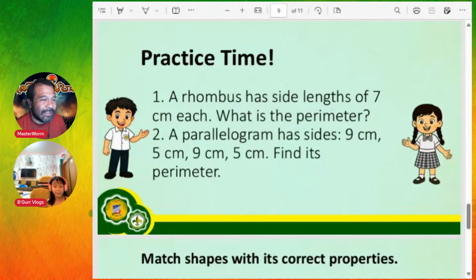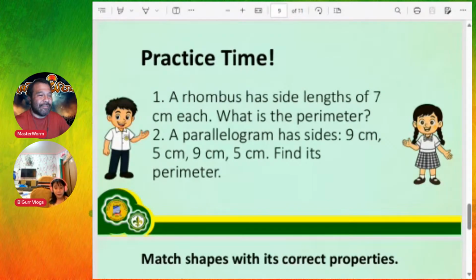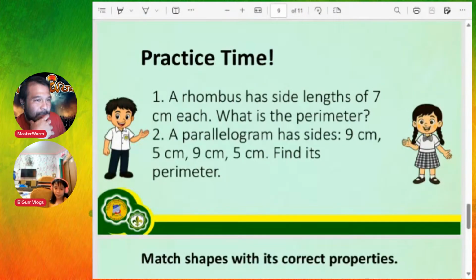So all I have to do is 7 times 4, or 7 plus 7 plus 7 plus 7, because a rhombus has 4 sides. 7 plus 7 is 14, and 14 plus 14 is 28. Got it? Ready.